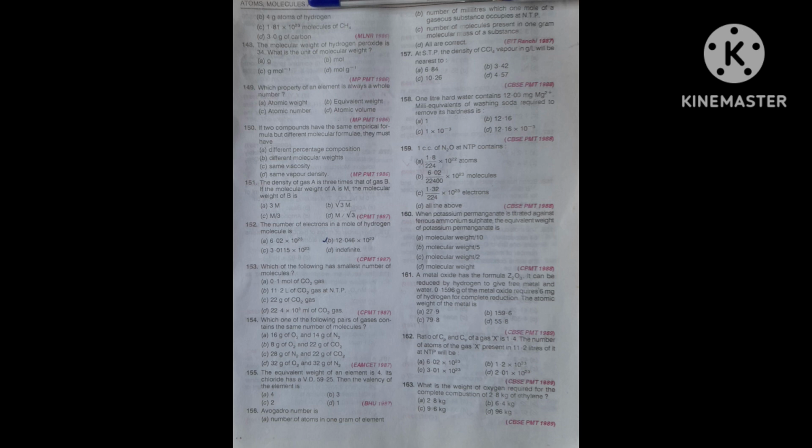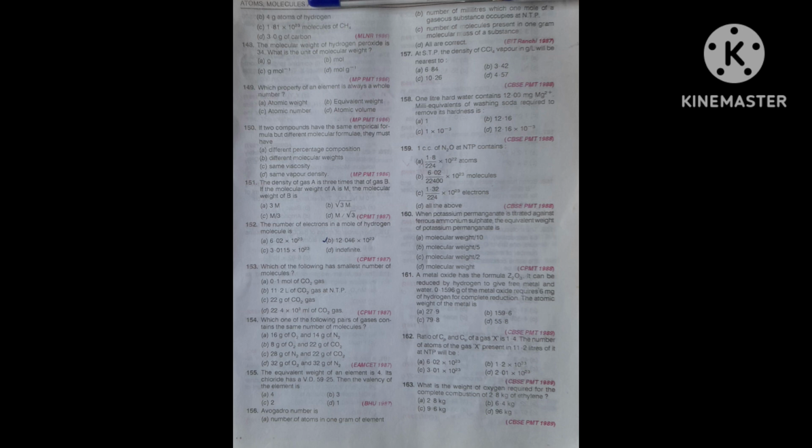Now just think how many electrons are possible here. In N2O, how many electrons are there? Nitrogen, how many electrons? That is 14 plus 8, which means 22.